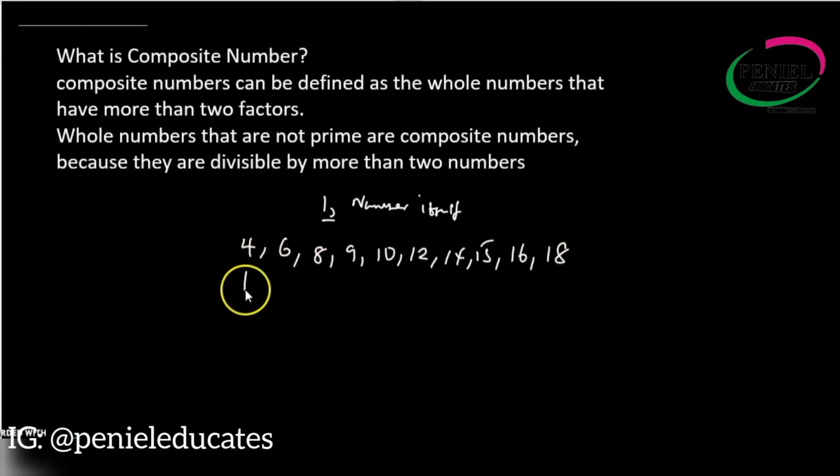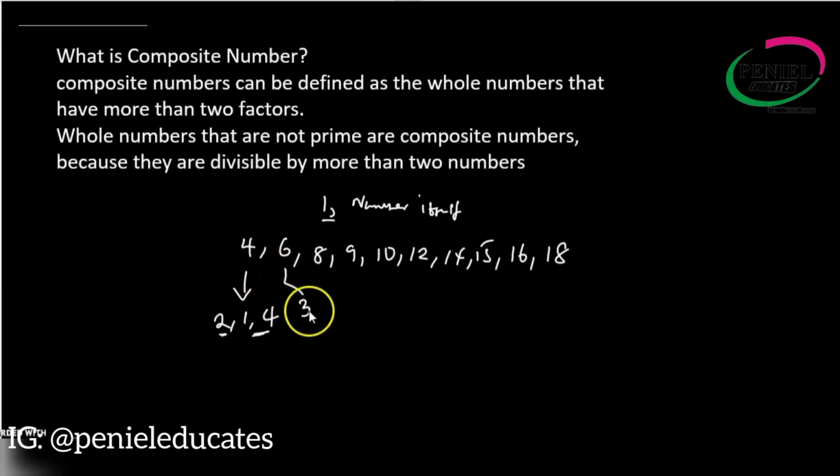If you have 4, 2 is a factor, 1 is a factor, and 4 is a factor. So you have 2 in addition to 1 and 4 itself. That's why these are composite numbers.